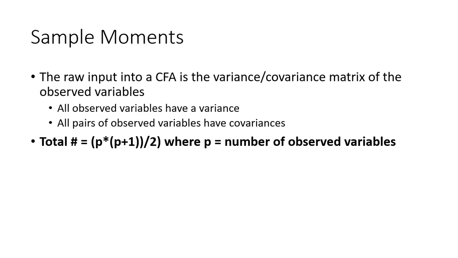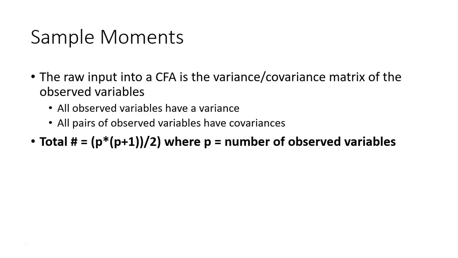Those are called the sample moments. There is a complex and technical explanation for why they are called moments. In fact, the software that I talked about in class that used to be free for structural equation modeling and confirmatory factor analysis was called AMOS, A-M-O-S, which stood for Analysis of Moment Structures.